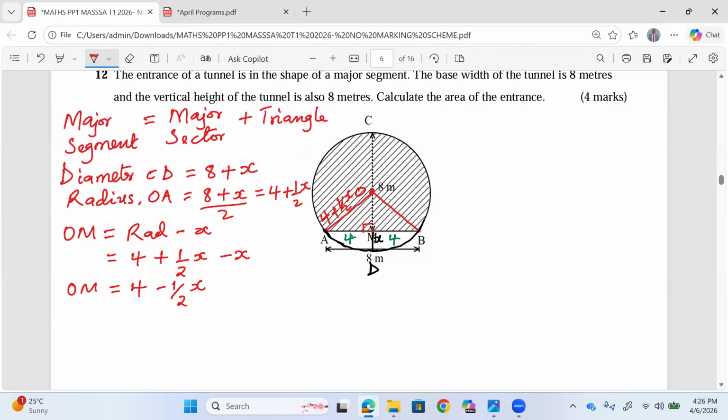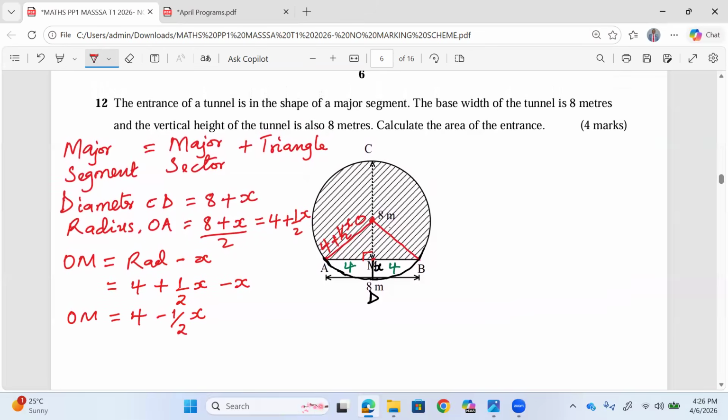Applying Pythagoras theorem at that point, the radius squared, 4 plus half x squared, because that is the hypotenuse, is equal to 4 squared plus the vertical height also squared, which is 4 minus half x squared. That is Pythagoras theorem.